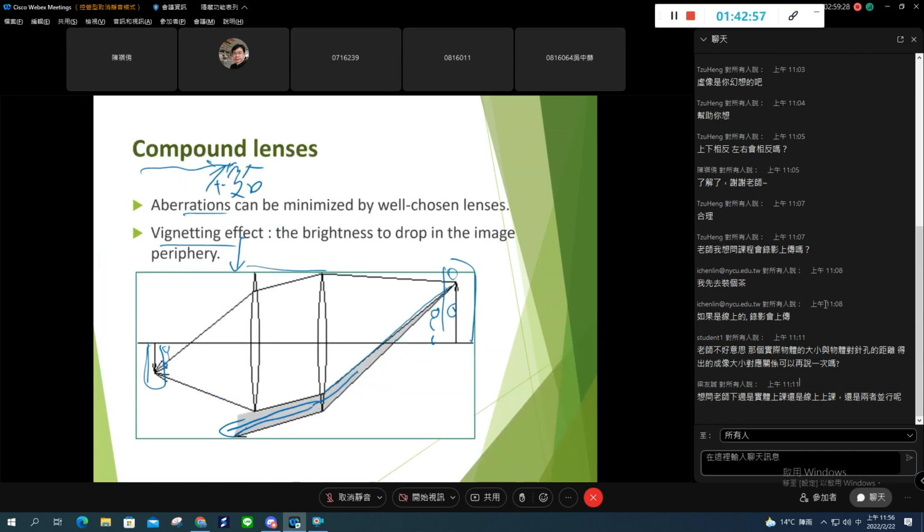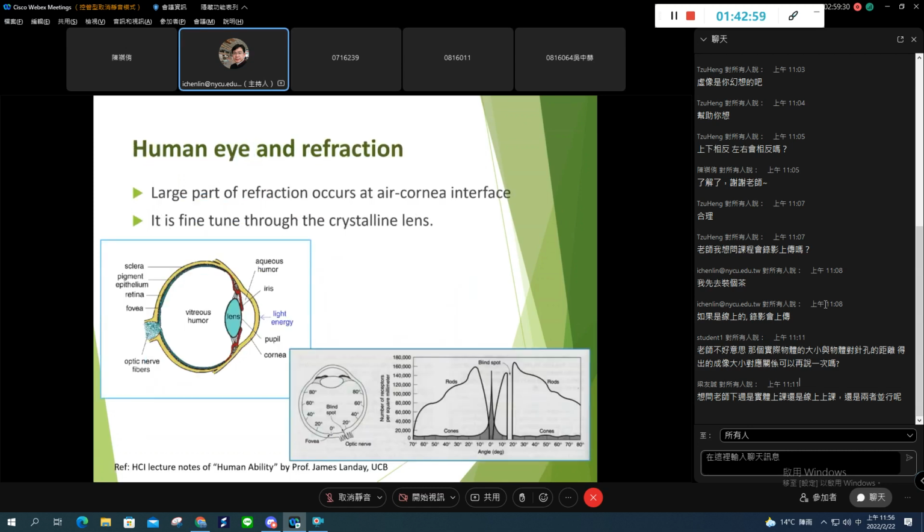For our human eye, actually, it's also a lens. So for instance, you can see that this is our human eye. We actually have 2 main lenses in our camera eye system.